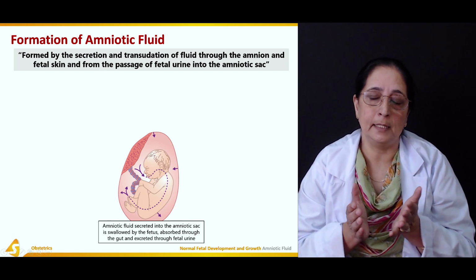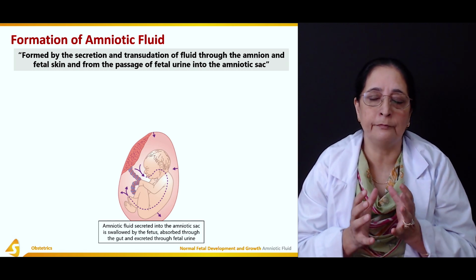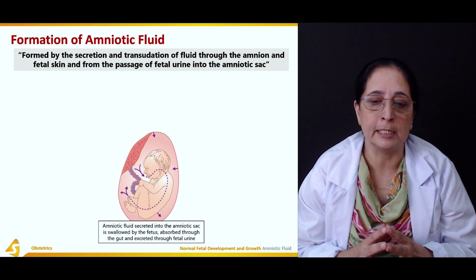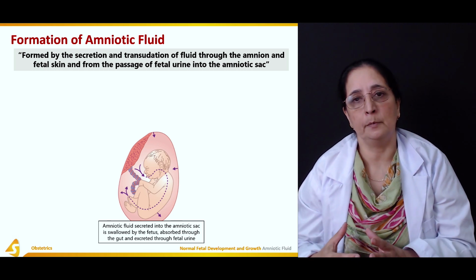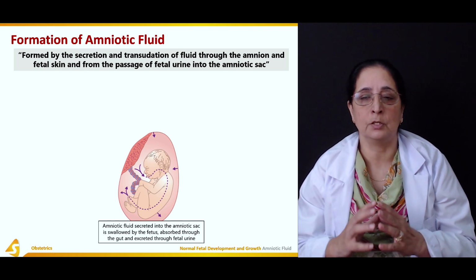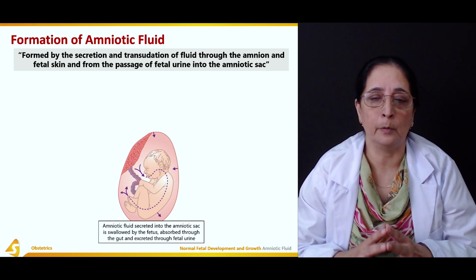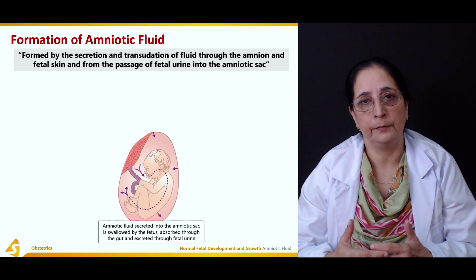Amniotic sac is the covering that surrounds the fetus for the protection of the fetus, and the fluid in that is mainly responsible for the protection. So any injury to the abdomen, this fluid helps in the protection of the baby.